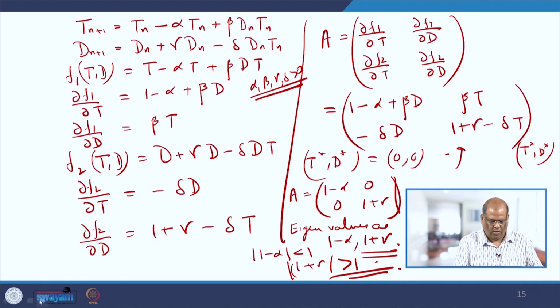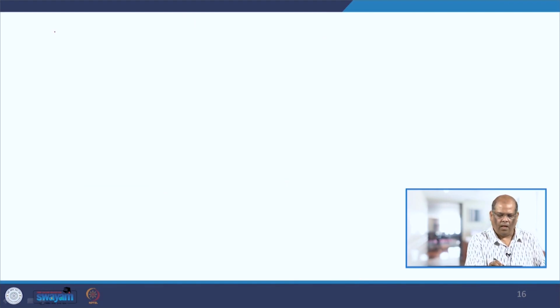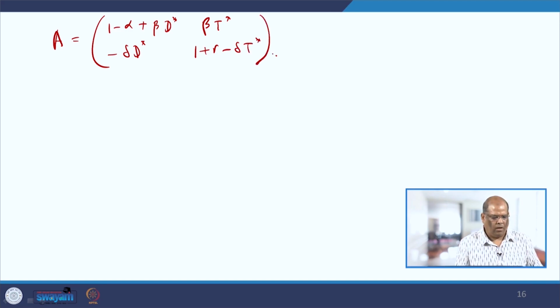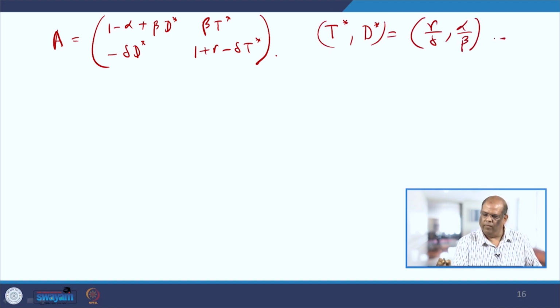Let's check the non-zero equilibrium point. So you have A equal to 1 minus alpha plus beta D star, then beta T star, minus delta D star, and 1 plus gamma minus delta T star, where your T star is given by gamma by delta and D star is alpha by beta.